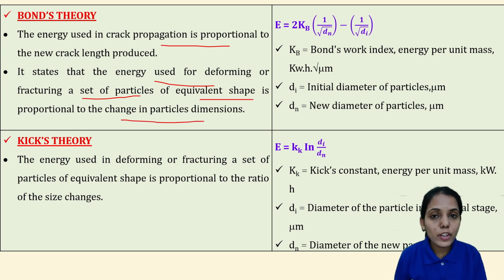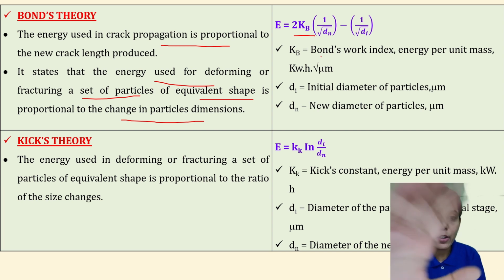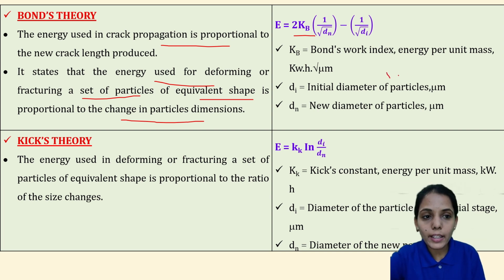Whatever the particle dimension changes, the energy will be proportional to that. Now E is equal to 2 Kb, so this is Bond's constant, into 1 divided by square root of dn minus 1 divided by square root of di. So di is the initial diameter of the particle, and dn is the new diameter of the particles.